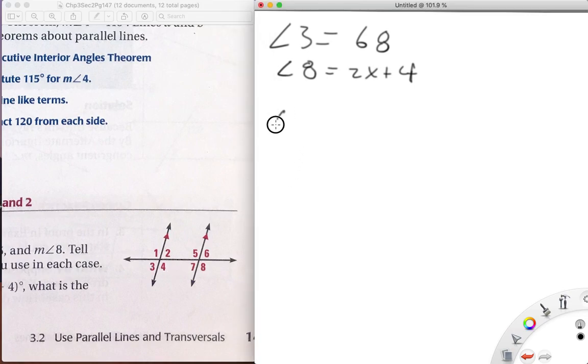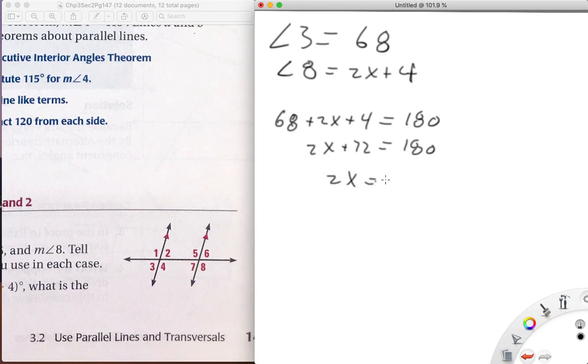So I can say that 68 plus 2x plus 4 equals 180. That's how that works. Then I got 72 plus 2x equals 180, and I got 2x equals 108. X equals 54.